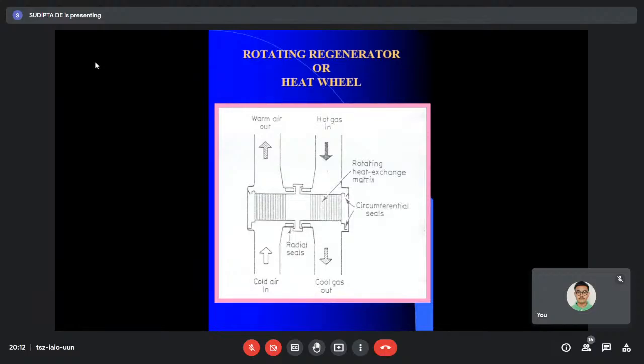It is an indirect heat exchange process without any direct mixing of the two heat exchanging fluids.